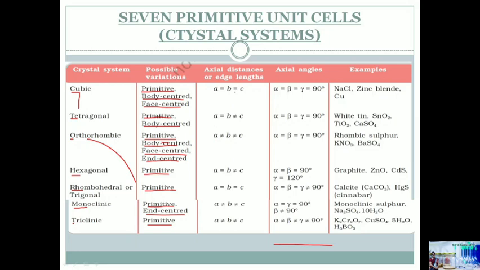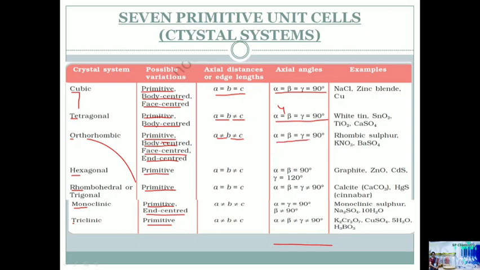Then axial distance or edge length. First one, A, B, C all are equal. Then here A is equal to B and is not equal to C. Then A is not equal to B and is not equal to C. Then alpha, beta, gamma for all these 3 are equal to 90.